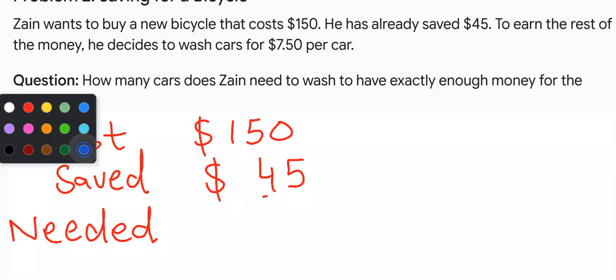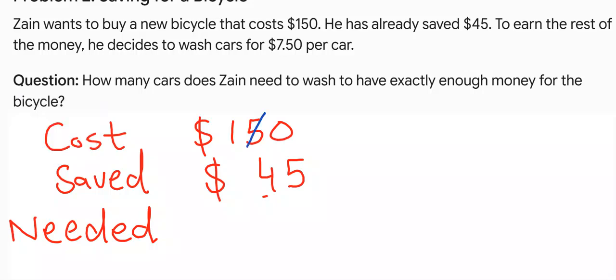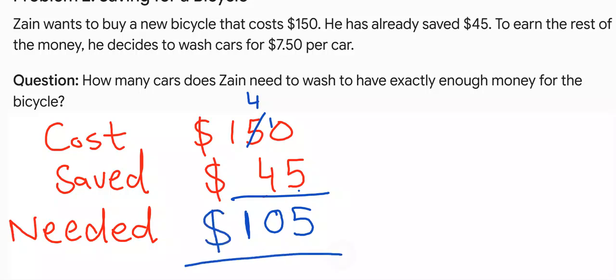Let's do this subtraction. Make it 4, 1 carried forward. 10 minus 5 is 5. 4 minus 4 is 0 and 1 comes down as it is. So 105 is still needed.